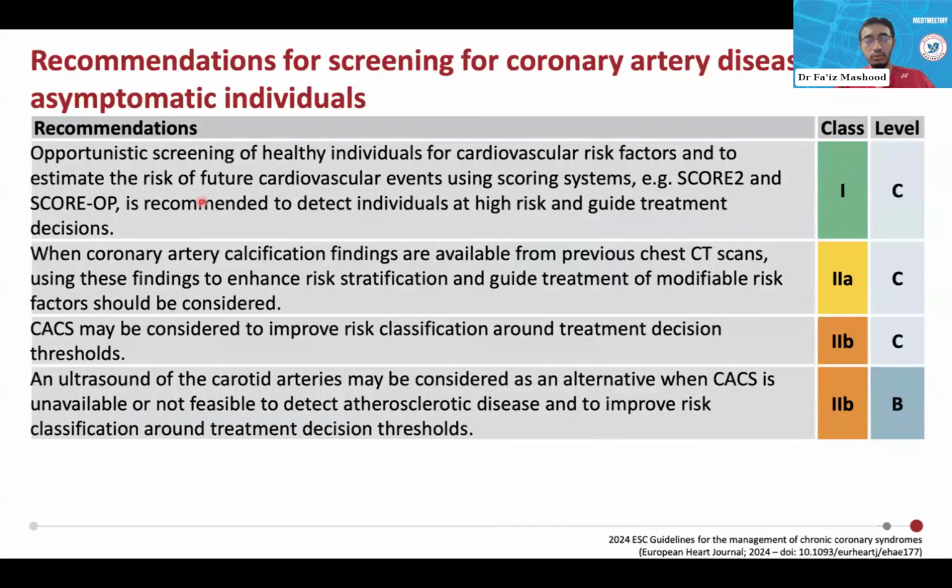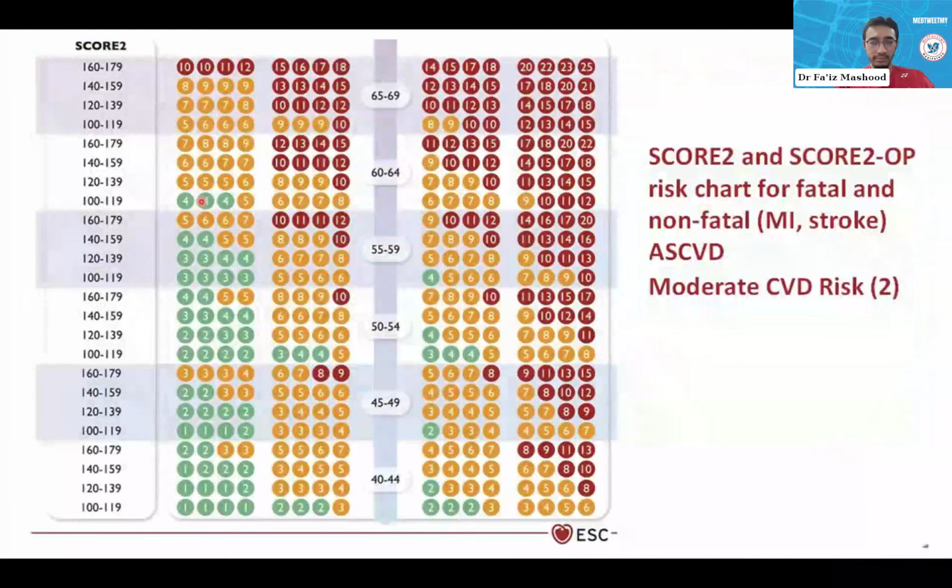So what is this SCORE-2 model? This is an example of the SCORE-2 model. Actually there are different models, depending on the cardiovascular risk across the region. What I share in the slide is the moderate cardiovascular risk model, because our country belongs to the moderate cardiovascular risk region. So let's see what parameters are needed for our SCORE-2 model.